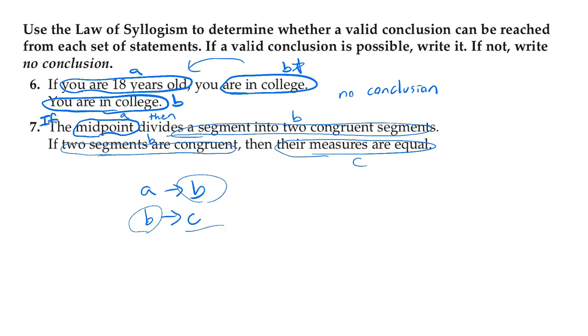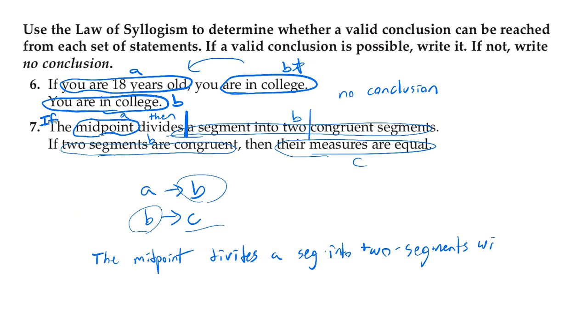If a valid conclusion is possible, write it. So we'll just write it the way they did, right? And so we'll stop here. So the midpoint divides a segment into two segments with equal measure.